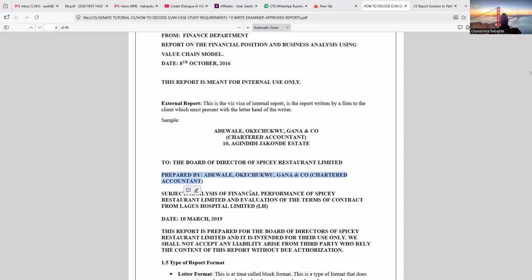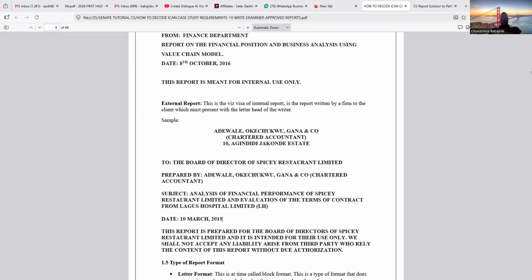You have the letterhead of your own firm. Then the subject: analysis. The subject will be taken from the requirements given to you, so make sure to be concise and precise: the analysis of financial performance of Spicy Restaurant, and evaluation of the terms of contract from Lagos Hospital Limited.